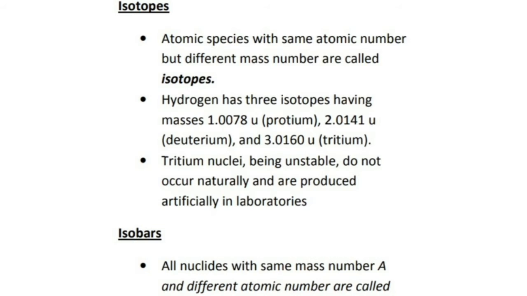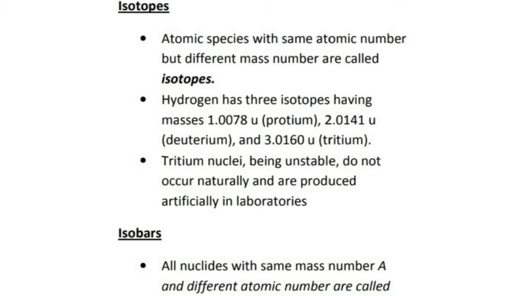What makes the difference in the isotopes is this. In protium, only one proton is there inside the nucleus. When we come to deuterium, inside the nucleus, there is one proton and one neutron. And when we come to tritium, it is one proton and two neutrons.